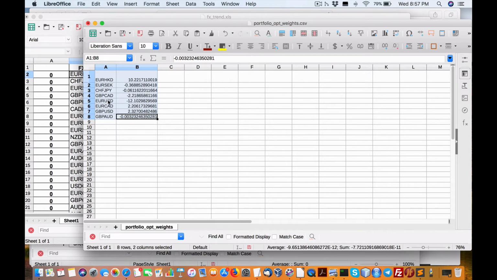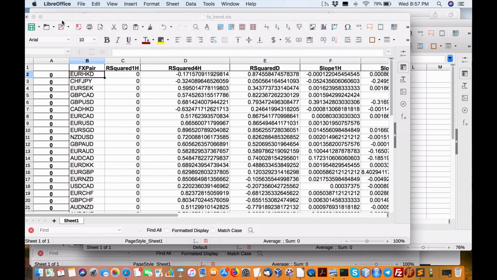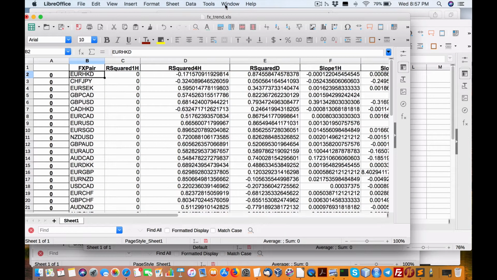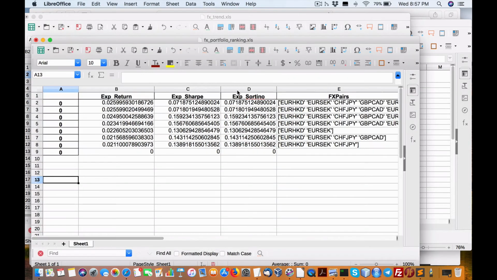Okay, so in essence, if we were to short 12% of our total capital allocation, and short euro US dollar, and then allocate a long on the Euro Hong Kong. Again, hopefully using the market neutral for markets, we should, I'm not saying we will, but we should hopefully get our expected return of 2.6% roughly.